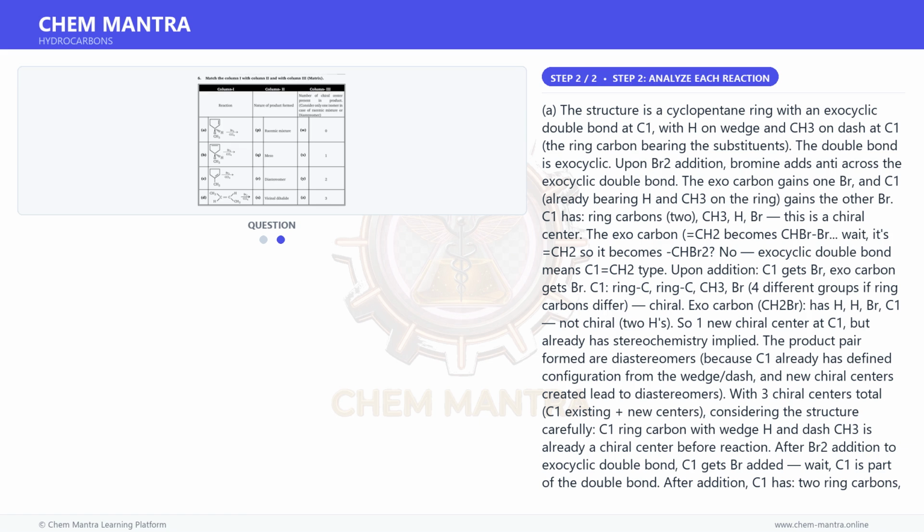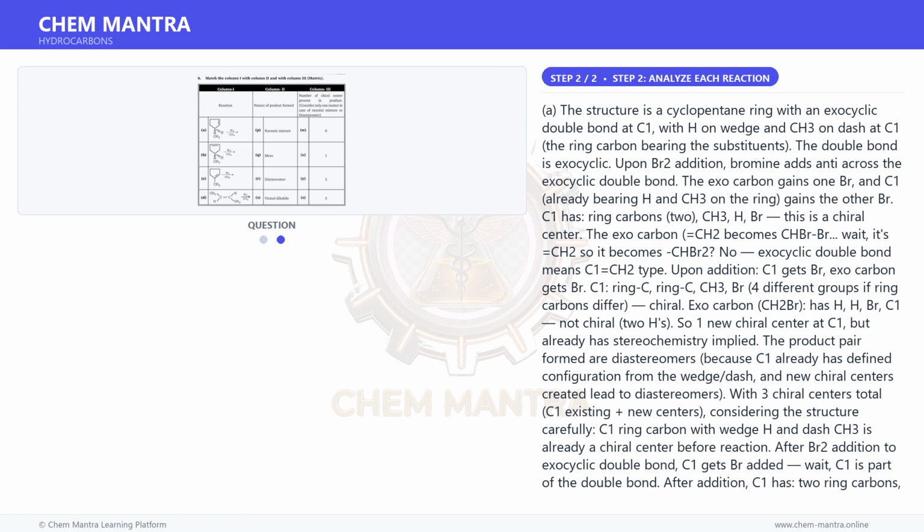So the product has chiral centers, the original C1, now bearing Br, CH3, H. Wait, H was on C1 in original. Let me reconsider. C1 has H wedge, CH3 dash, is part of ring and double bond. After Br2 adds, C1 gets Br, anti to the bromonium, the exocyclic =CH2 gets Br, CH2Br.